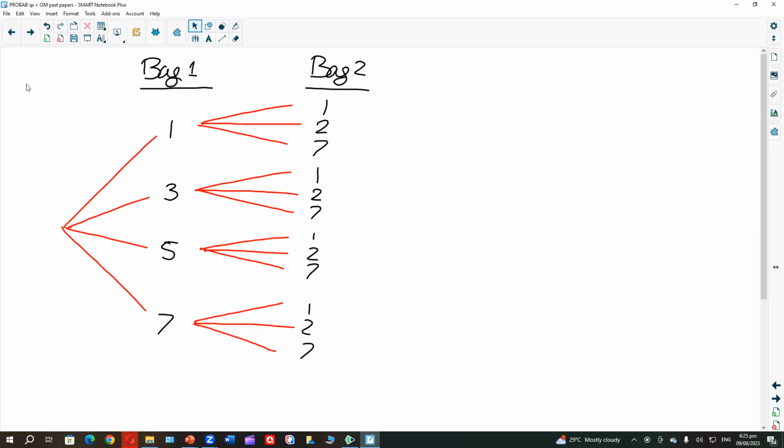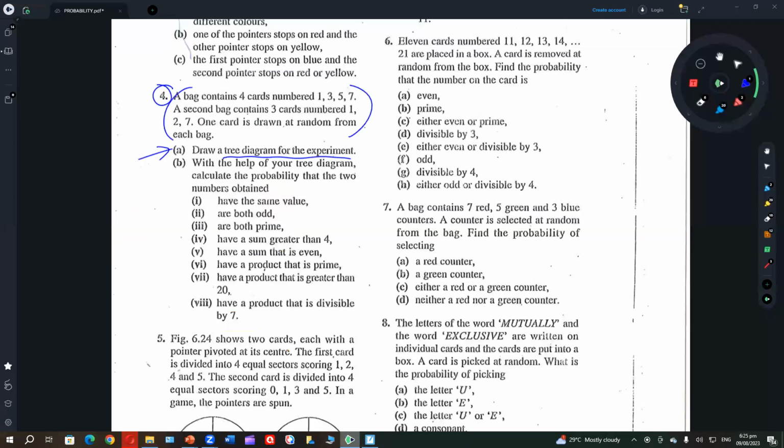Look at with bag 1, 1 to 7, with bag 1, 3, 1 to 7, with 5, 1 to 7, with 7, 1 to 7. So you are repeating every number of bag 2 with every number of bag 1. You have to remember this concept, very important concept. So you can draw a tree diagram like this.